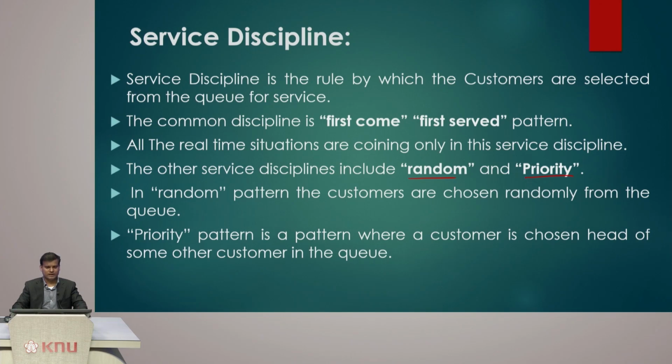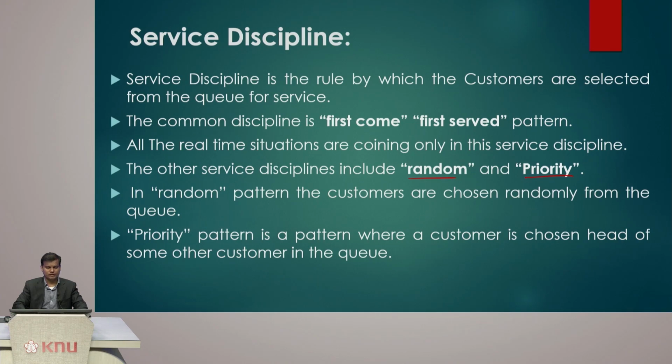Or in other places, for example at the airport, you always have a priority lane or priority section, in which the crew members can go in for check-in or immigration checks. Even elderly persons, pregnant women, and disabled persons can also use the priority queues. Yes, in real life we do find such service disciplines.